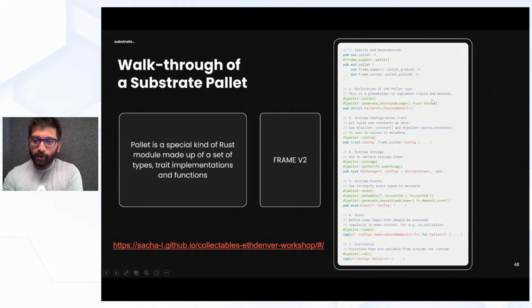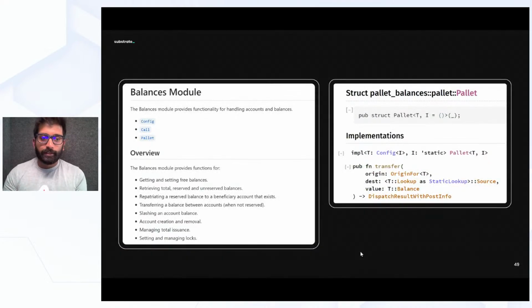Here I'm showing you a pallet. If you were to create your own pallet, meaning your own module that takes care of some core functionality of your blockchain application, you would structure it this way. There's a dedicated space for including the constants, and a dedicated space for the runtime events, hooks, and the extrinsics that you can call to make a call to this particular pallet.